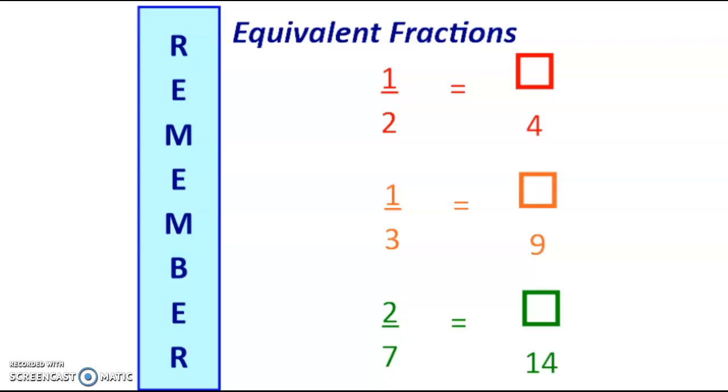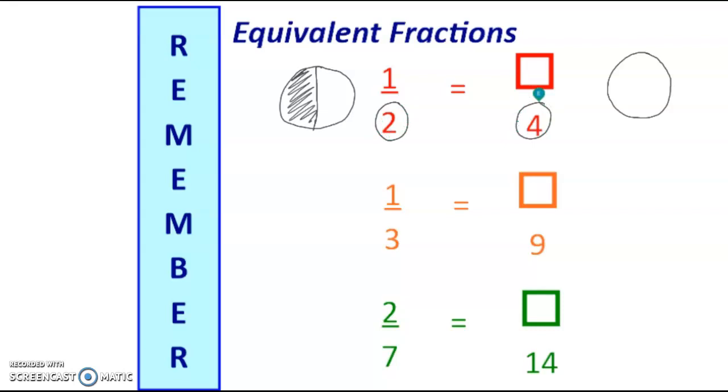If for example, a circle, and if I just shade in a half of that, I want to know that if I have the same circle, but instead of split into 2 sections, I split it into 4 sections, how many of those 4 sections do I need to shade in so that I've shaded in the same amount?